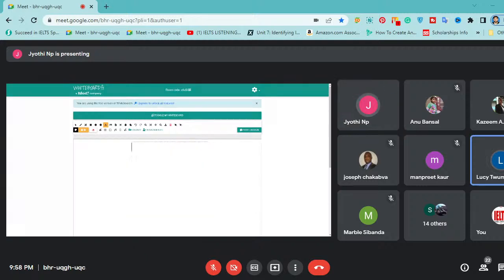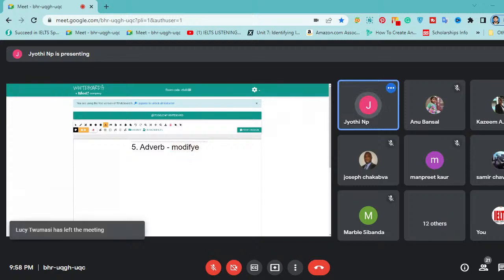Then we have adverb. Adverb, we also call it a modifier. It is called a modifier because it tells you more about a verb or adjective or another adverb.